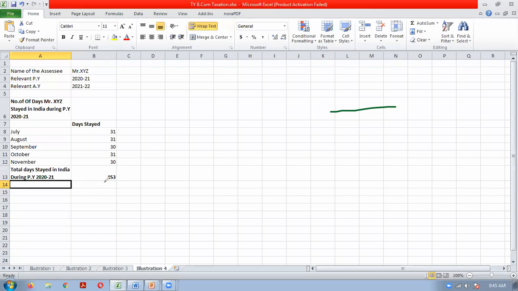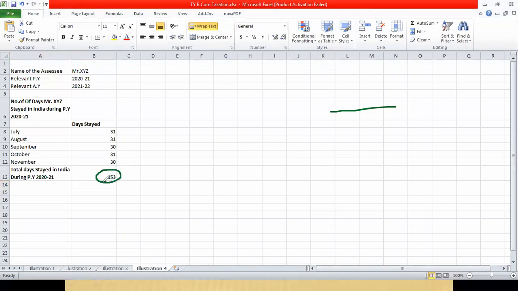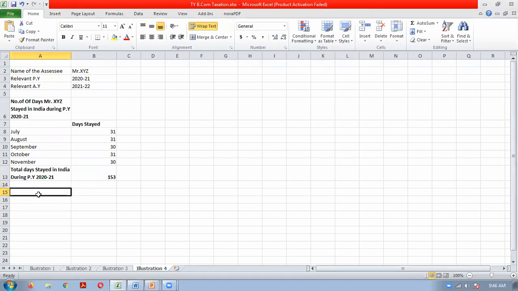No, because here XYZ stayed in India for only 153 days. So we know that the first basic condition is not satisfied. You can write and keep: first basic condition not satisfied.